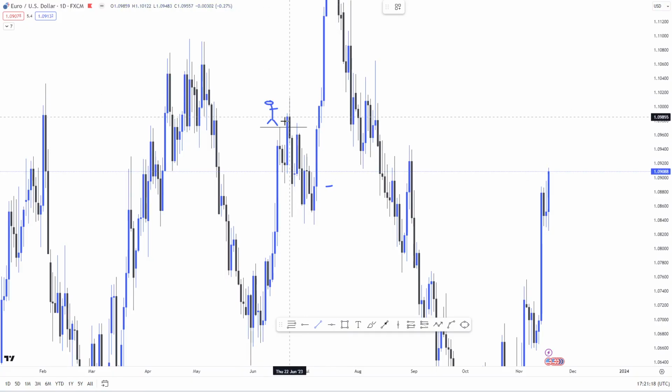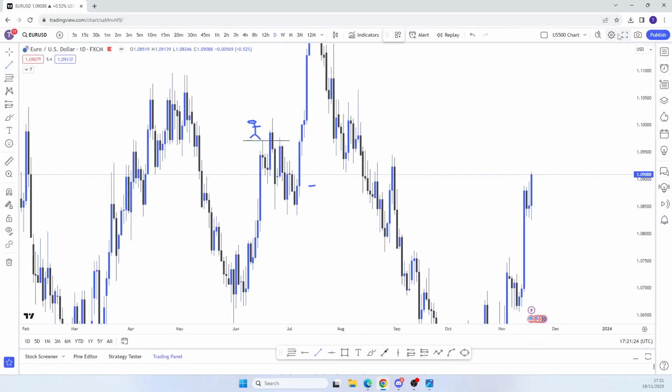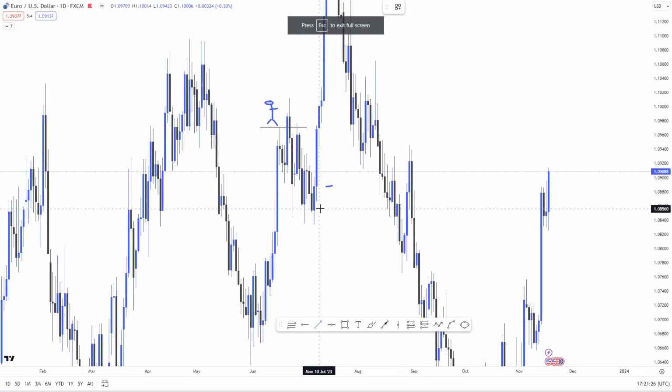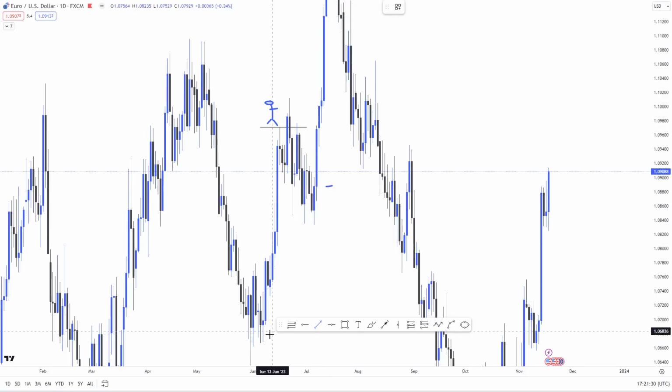This is where this person here has decided they want to be a seller in the market. What you end up getting is essentially people are now buying in and around this level here.